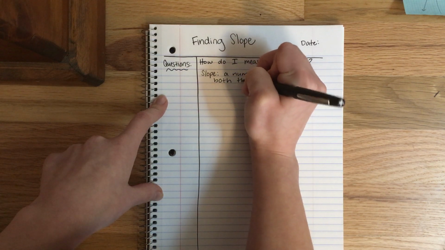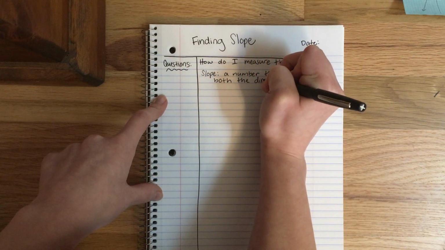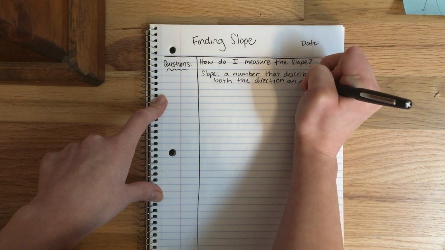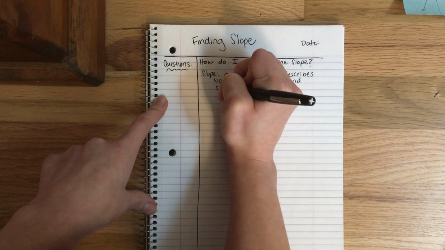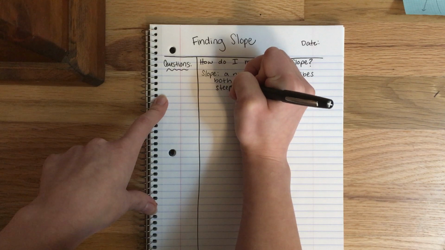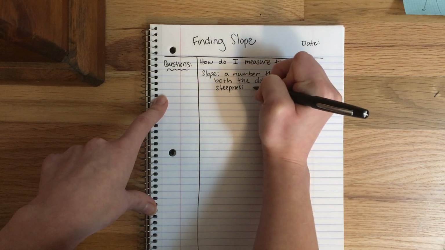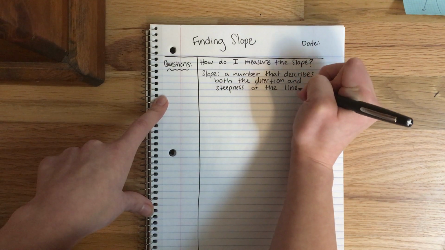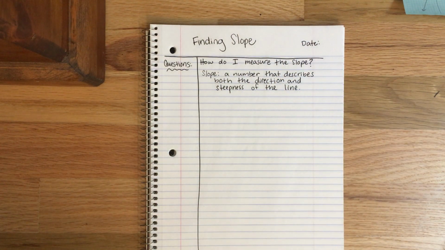It's going to describe the direction and steepness of the line. So take a moment, make sure you have that definition written down. The slope is a number that describes both the direction and the steepness of the line.